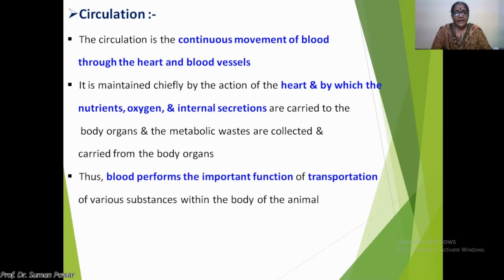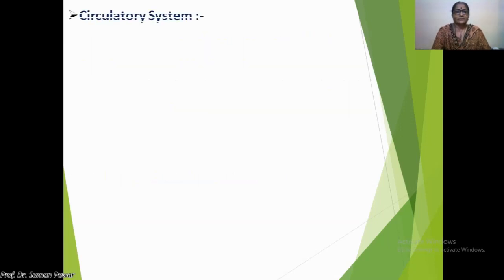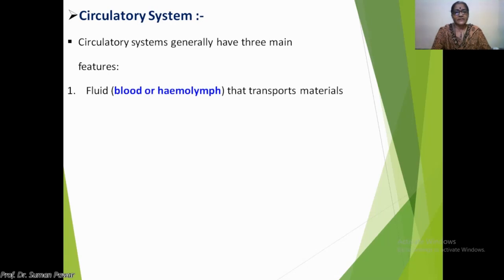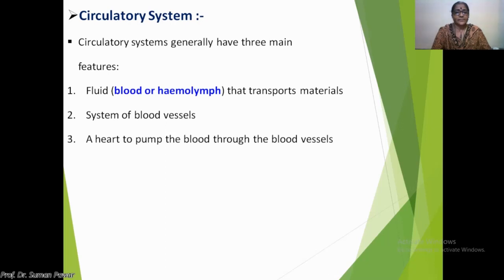Thus, the blood or the fluid connective tissue performs the important function of transportation of various substances within the body of the animal. The circulatory system generally has three main features. The first feature, fluid or the blood or hemolymph transports the materials. It is the system formed of different blood vessels like arteries and the veins.